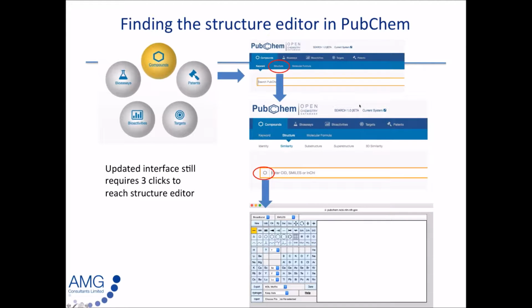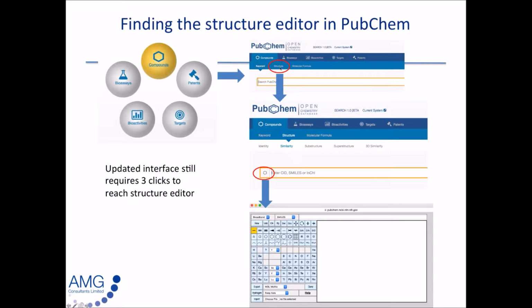Of course, I find that PubChem has some annoying features. One that's always bothered me is that as a medicinal chemist, it takes 3 clicks to reach the structure editor. So I thought I'd go through this exercise with the new beta interface. So you can search the compound database, and that brings you up to this panel here.